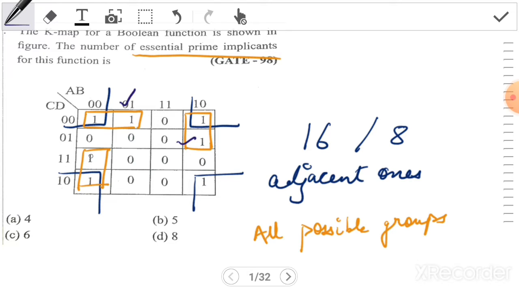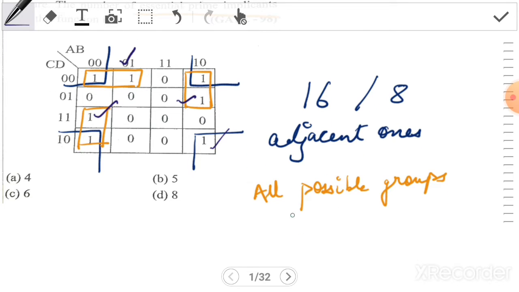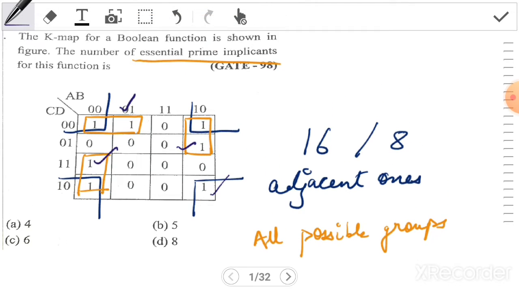See, this one, and obviously 3 groups, and in this group. So all groups are prime implicants and all groups are essential prime implicants, which will appear in the final solution. So answer is 4.